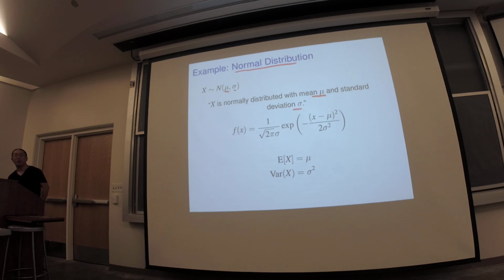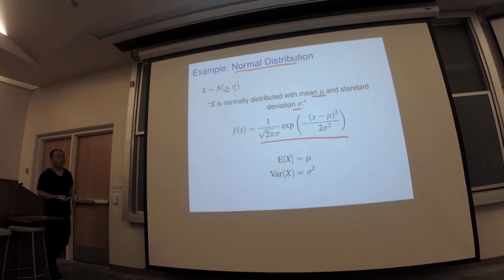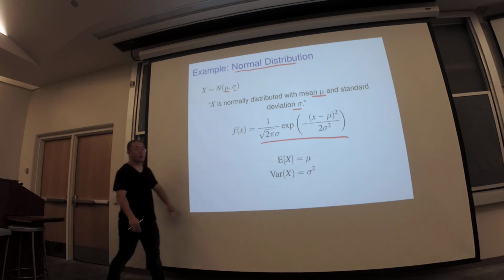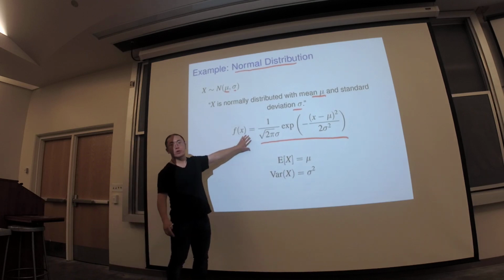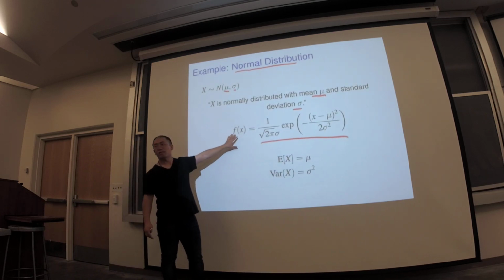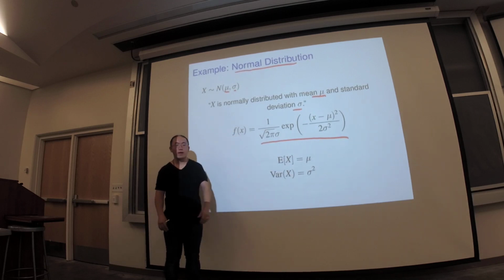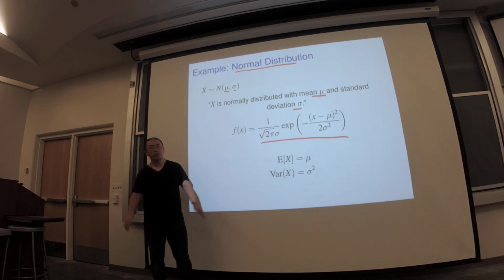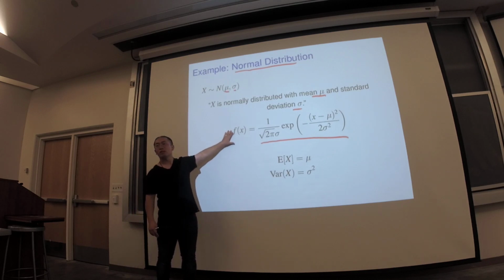The other is the standard deviation. This is the density function of the normal distribution. I hope you're very, very familiar with it, and I hope you can memorize this forever. You can forget anything else about probability and statistics, but just keep this in mind.